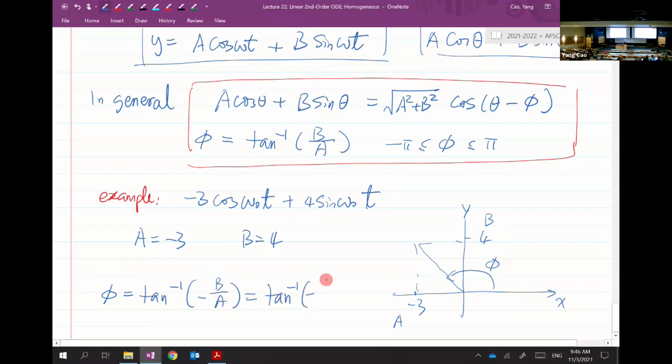That gives you -4/3. This is where I want you to be careful. If I don't tell you anything, and you just use your calculator to calculate the tan inverse of -4/3, what would your calculator give you?